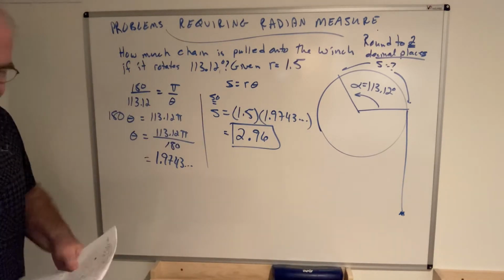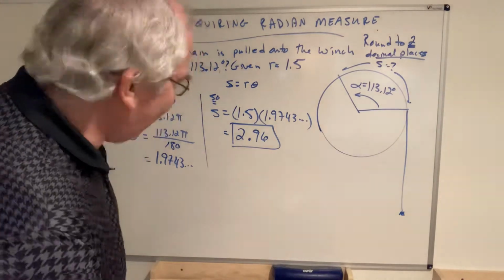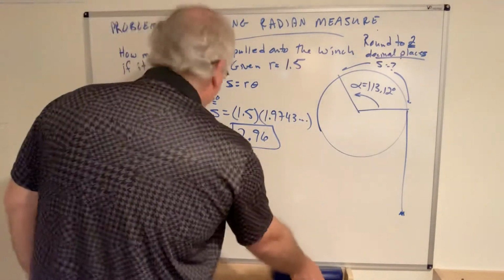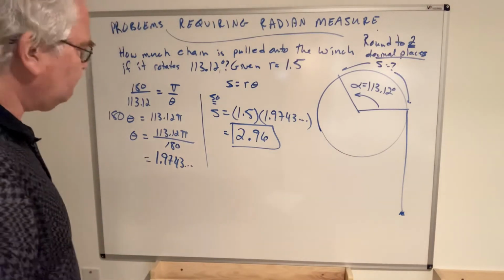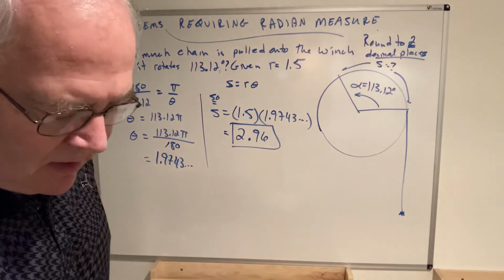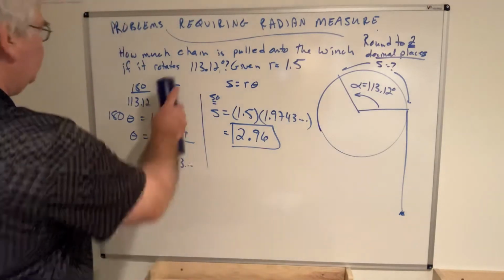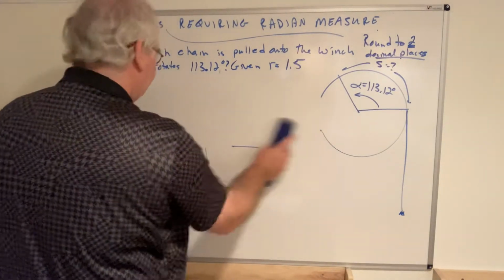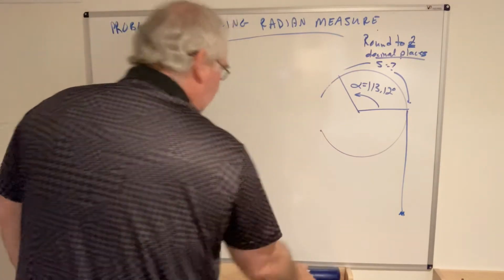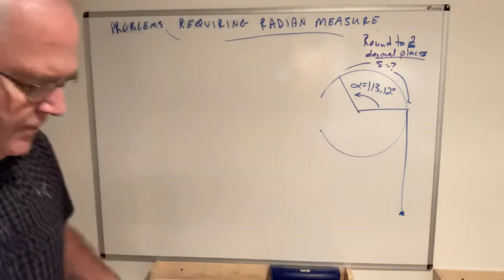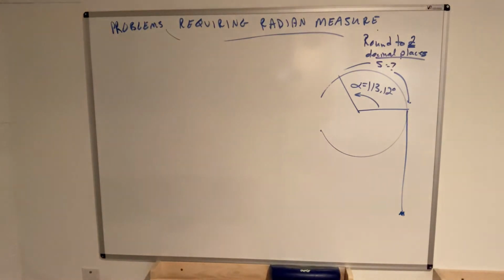All right. Now, another way the same problem can get asked is, rather than give the degrees, the amount of turning is given in revolutions.